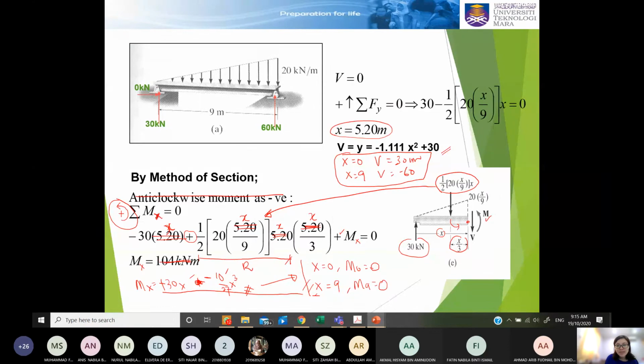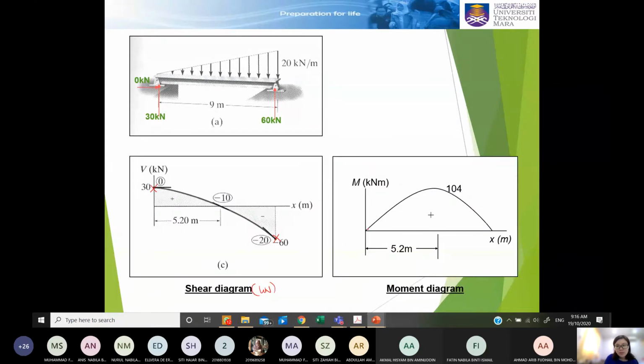We have determined that at x equal to 0, M is 0, and M at 9 is also 0. So we can plot it here. We know that both of these moments are 0. But this is not sufficient.